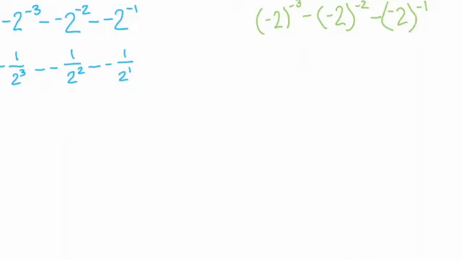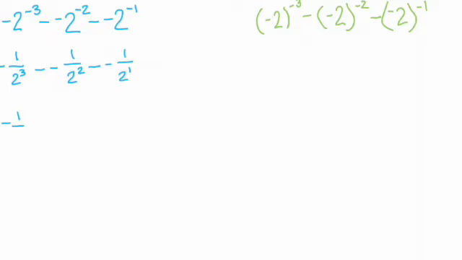Notice that I have subtracting the opposite, and the exponent did not involve this negative or this negative here, because by order of operations, before we apply the negative to the 2, we have to deal with the exponent first.